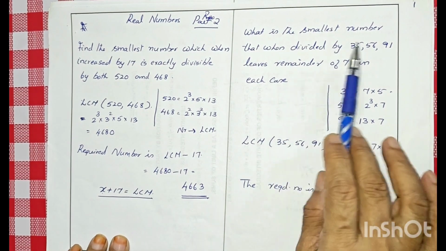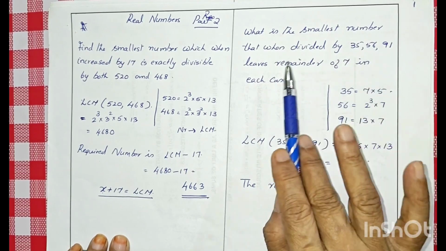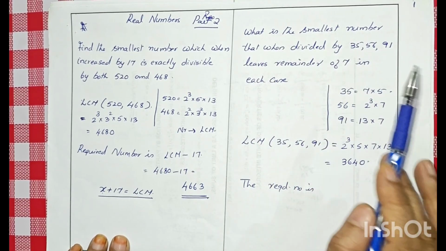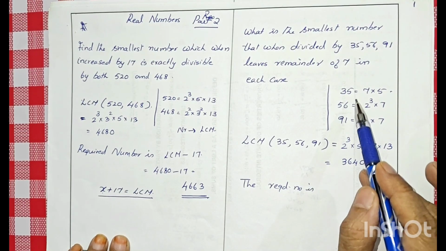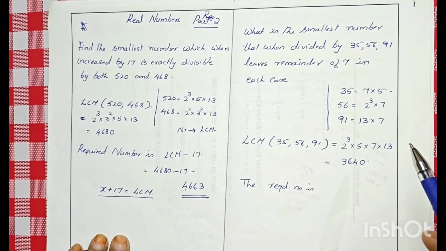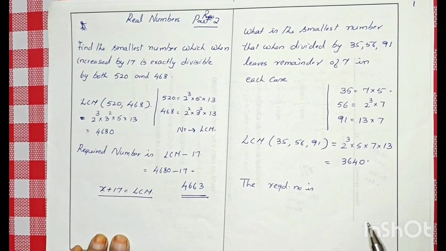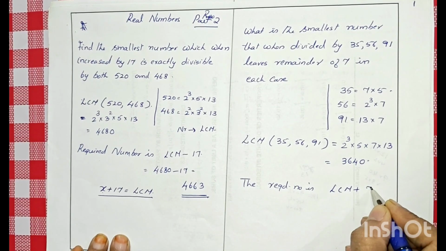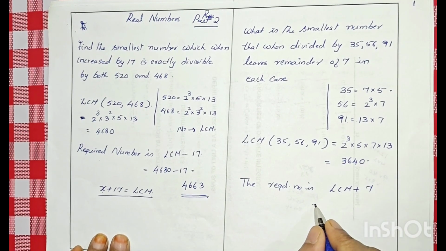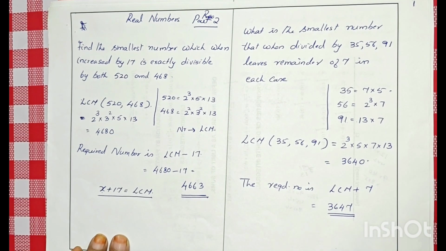Now how will you proceed? The smallest number when divided by these leaves a remainder of 7. So this is completely divisible by these numbers, but you should get a remainder of 7. So you have to add: LCM plus 7, so 3647 is the required answer.